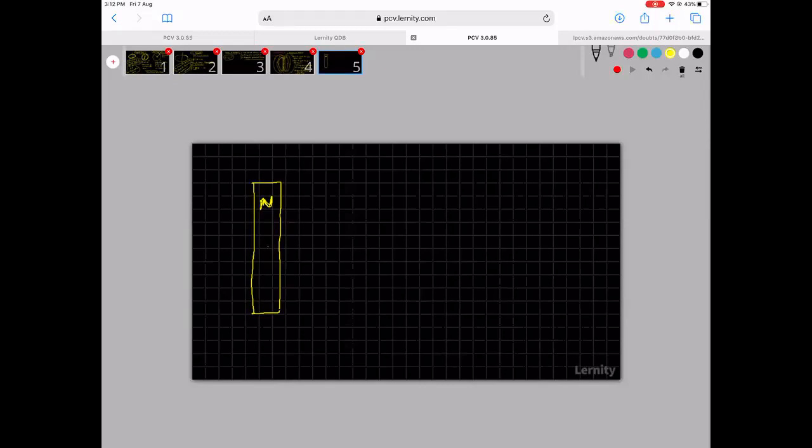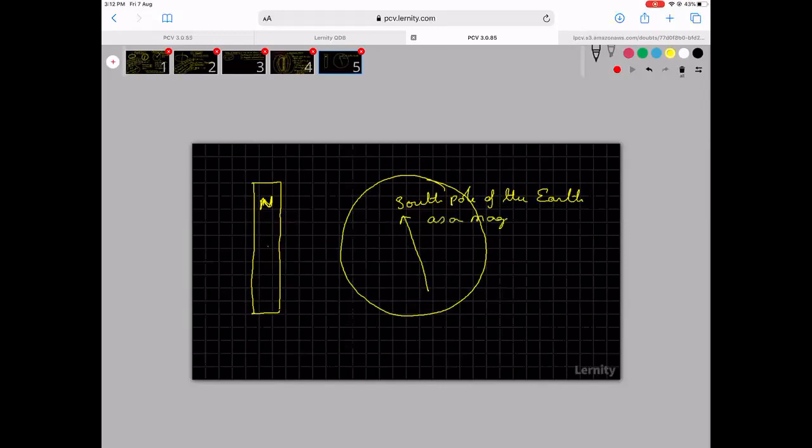Now if you look at the earth here, and we say that the north pole is in this direction, do you understand that the north pole is actually south seeking? That means it seeks the south pole. So as far as the earth is concerned, this is the south pole of the earth as a magnet. This is the geographic North Pole, this is the geographic South Pole, and slightly inclined to it is the Earth's magnet.